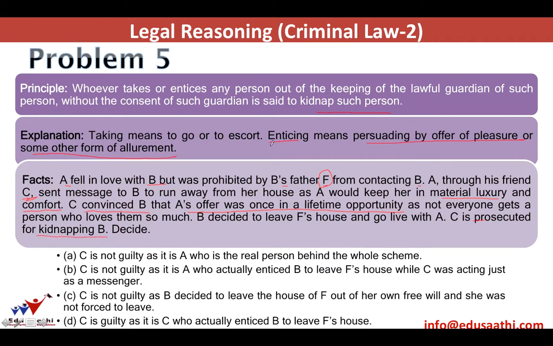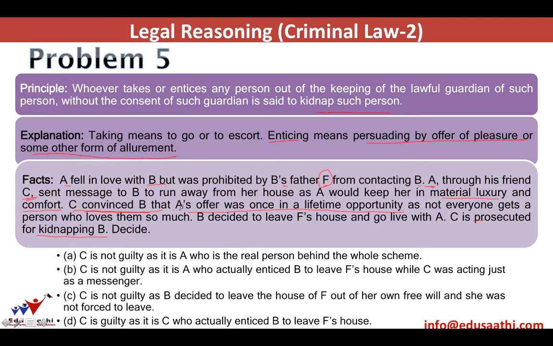So let's decide. The complication here is who had enticed B into leaving the house. Although A had sent a message, the actual act of enticing was done by C, because he is the one who convinced B that the offer given by A is a lifetime opportunity, and that not everyone gets a person who loves them so much.